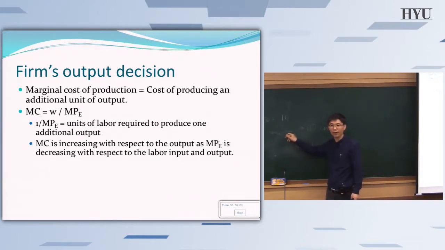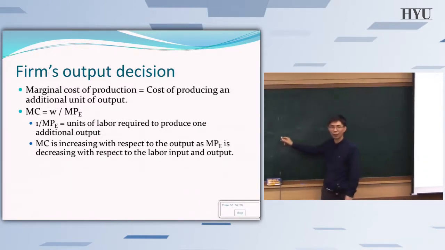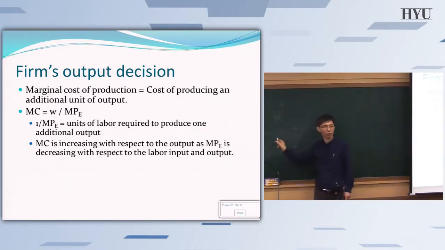Let's say each worker works for 10 hours, so 10 hours for 1 worker makes 10 units. If you want to make 1 unit, then what should be used? Only 1 hour, or 1/10 of 1 worker.